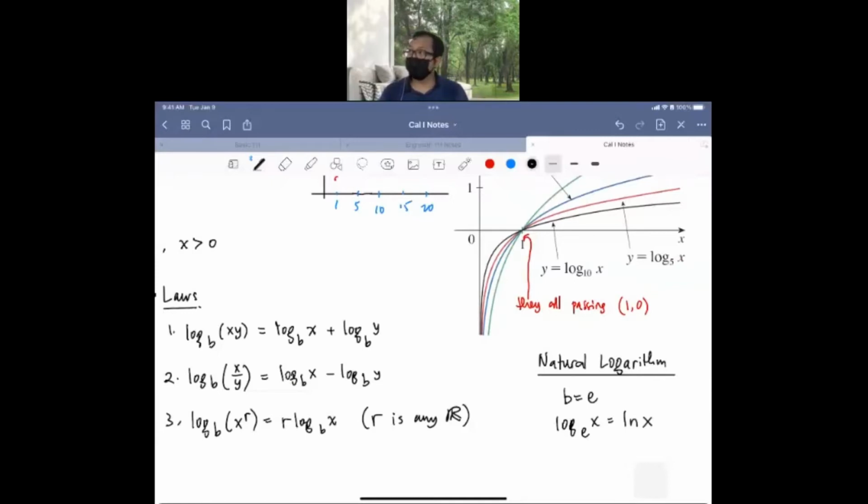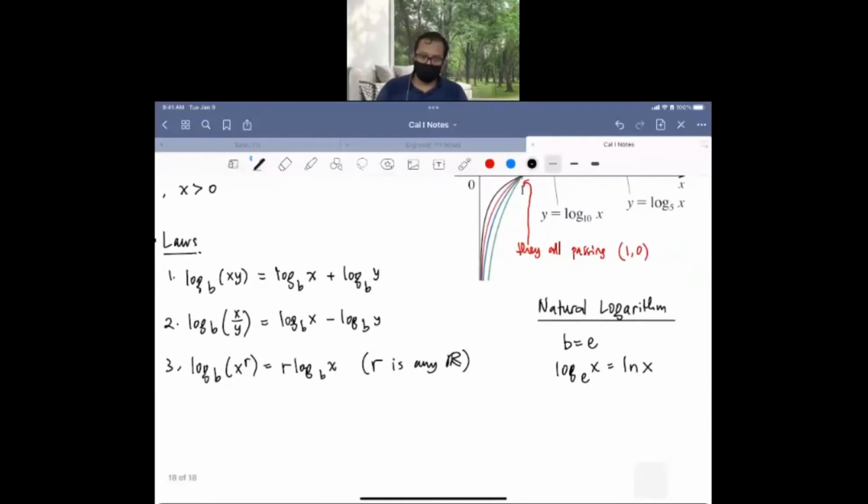This means that ln is log with the base e. So if we have ln x equals y, this means that e to the power of y equals x.